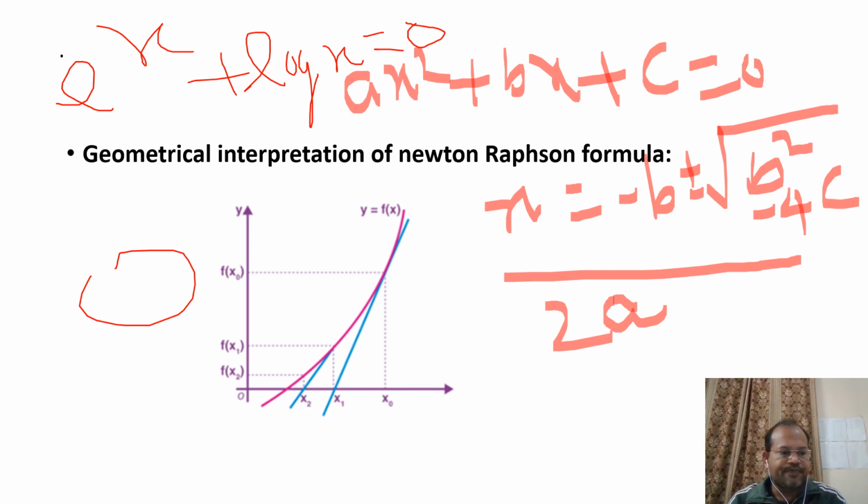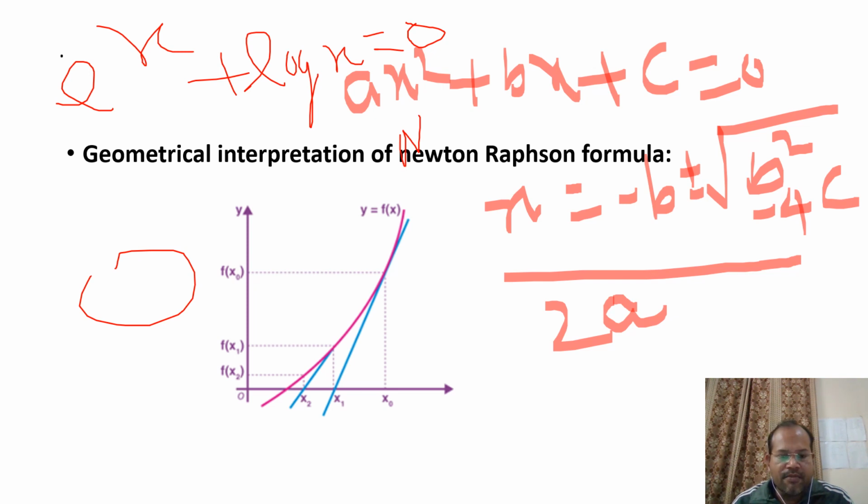So for the geometric approach, first we have to understand the iteration method. What is the geometric approach? If we go to the geometrical interpretation of the iteration method, here you can see the pink curve, that is the original curve.